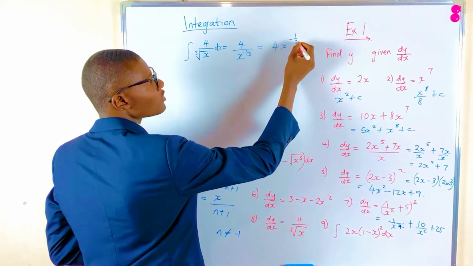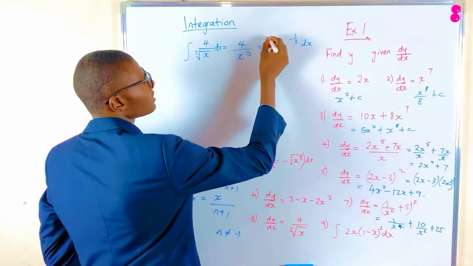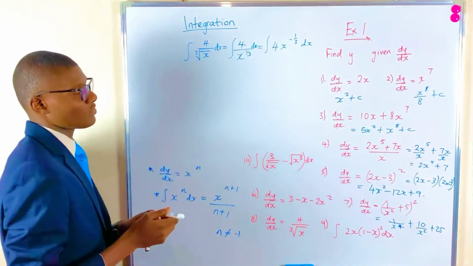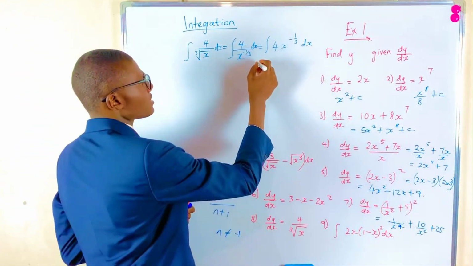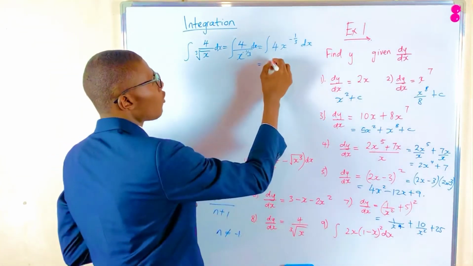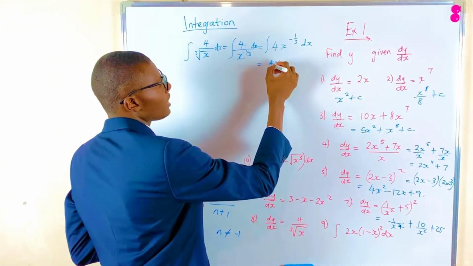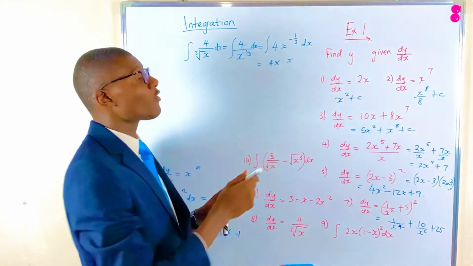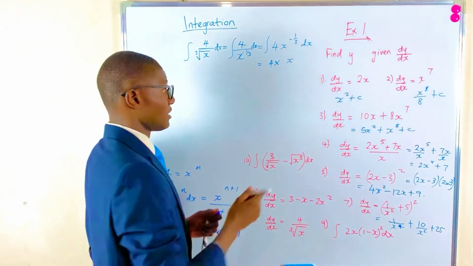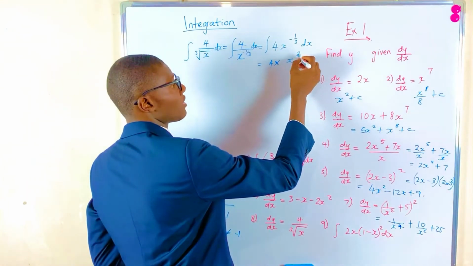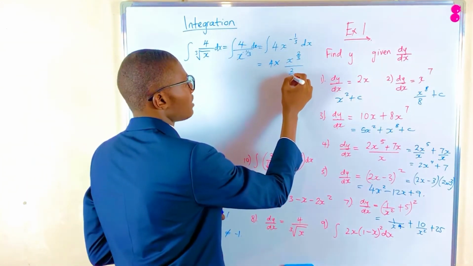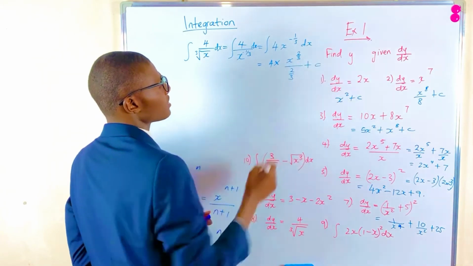If we had to put it in the numerator, we want the integral of that with respect to x. So we are simply saying 4 times the integral of x to the power of minus a third, that will be x to the power of minus a third plus 1, which gives us 2 over 3, then over minus a third plus 1, which gives us 2 over 3, plus the constant of integration c.